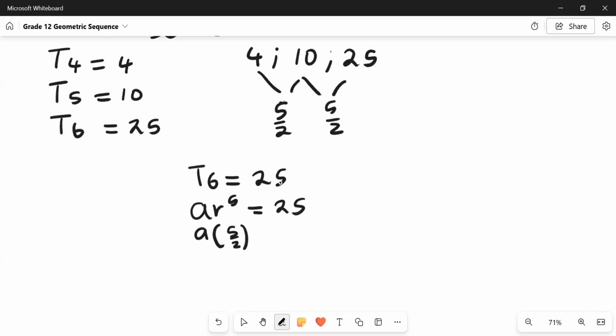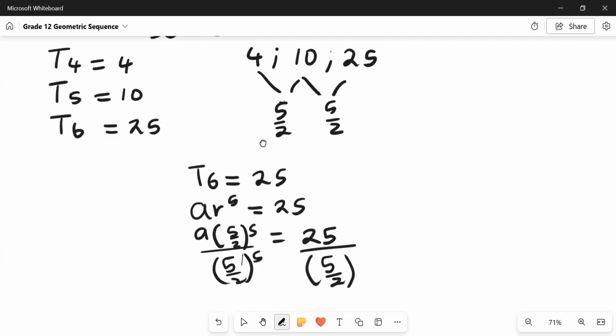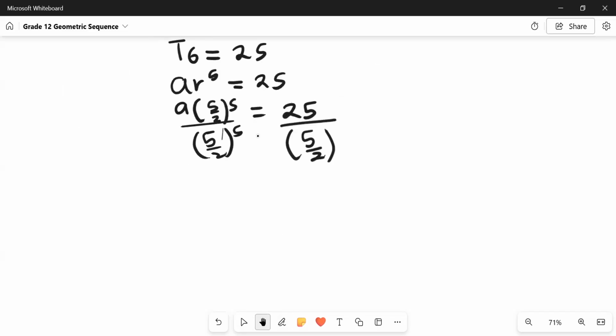Divide both sides by 5/2 to the power 5. And then you use your calculator there to get your A as 32 over 125.